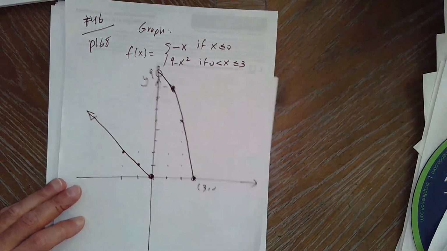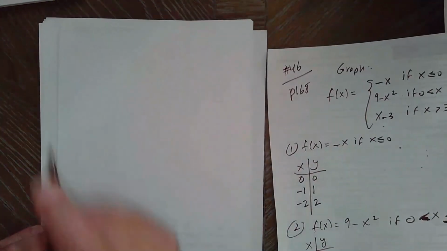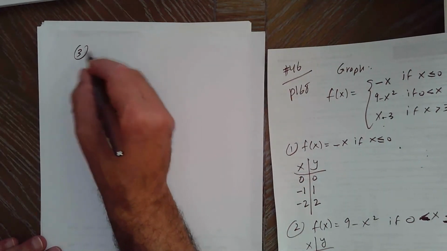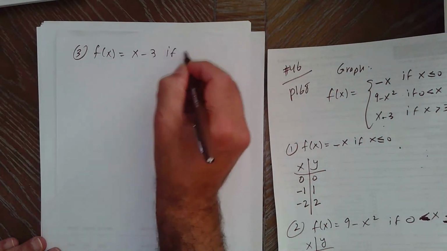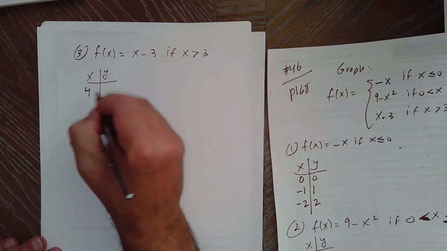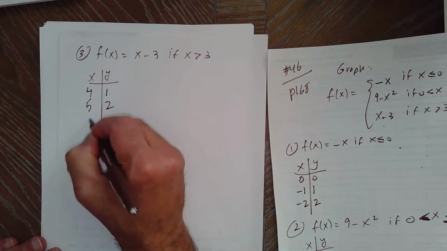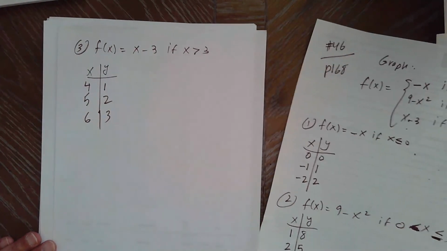Okay. And then the third piece, f of x equals x minus 3 if x is greater than 3. So we can pick anything greater than 3. 4 minus 3 is 1, 5 minus 3 is 2, 6 minus 3 is 3. That's more than enough to graph a line.